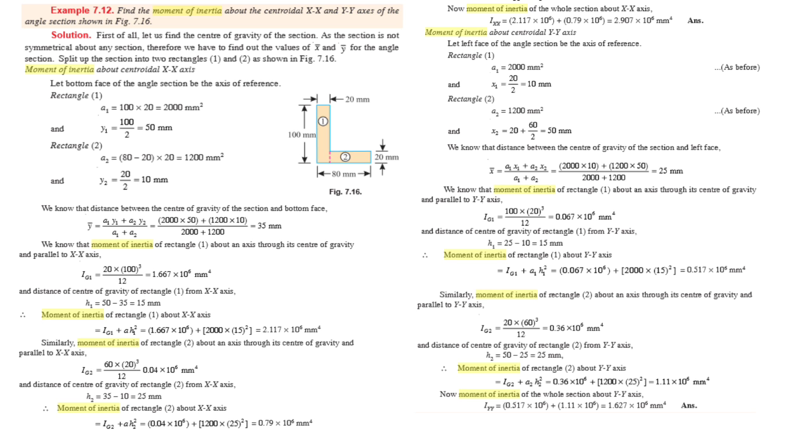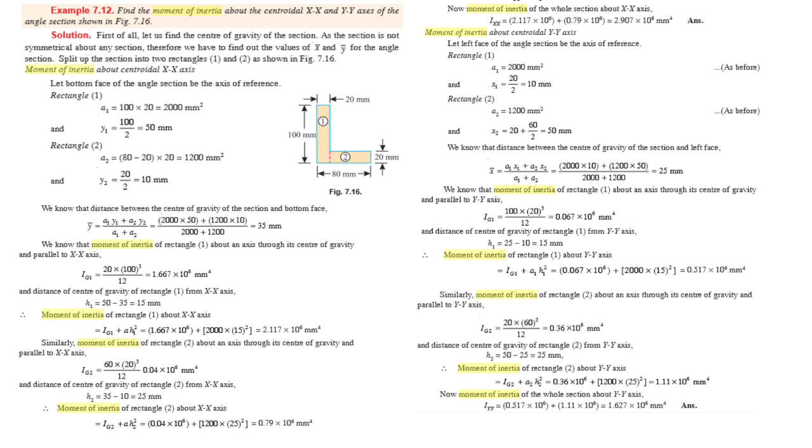Moment of inertia of rectangle section 2 about the y axis is equal to Ig2 plus a2 h2 square, which is 0.36 × 10⁶ plus 1200 into 25 square, equal to 1.11 × 10⁶ mm⁴. Now the moment of inertia of the whole section about the y axis, Iyy, is equal to the sum of the two, 0.517 × 10⁶ plus 1.11 × 10⁶, which is 1.627 × 10⁶ mm⁴.